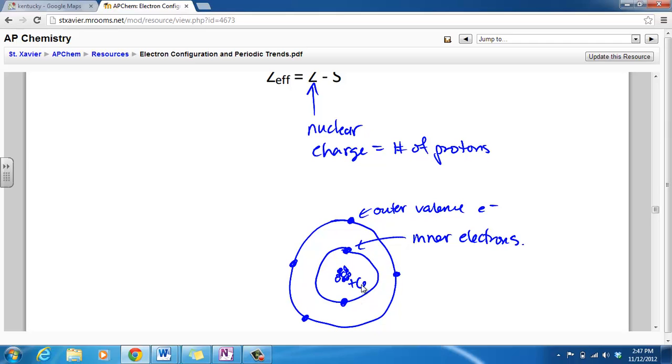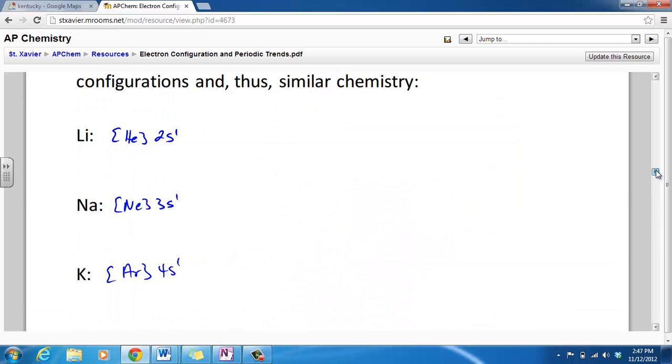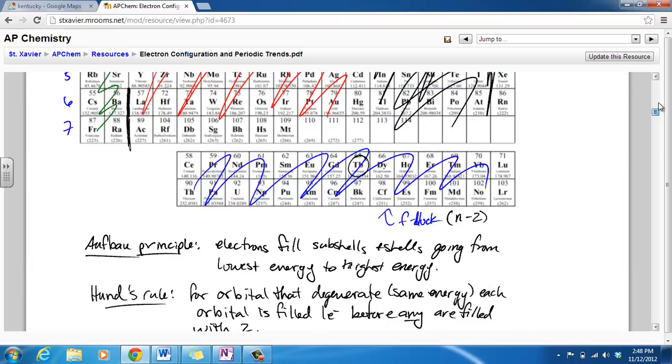So these 4 electrons on the outside don't feel a +6 charge. They feel a +4 charge. Okay, so we would say the effective nuclear charge on those valence electrons is really +4. Now, that will have an effect on these properties, because I'm going to go back to the periodic table here.